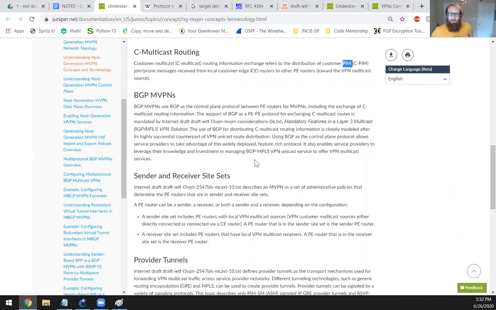Join/prune messages. Customer multicast, C-multicast routing information exchange refers to the distribution of customer PIM, C-PIM, join/prune messages received from local customer edge CE routers to other CE routers toward the VPN multicast source.